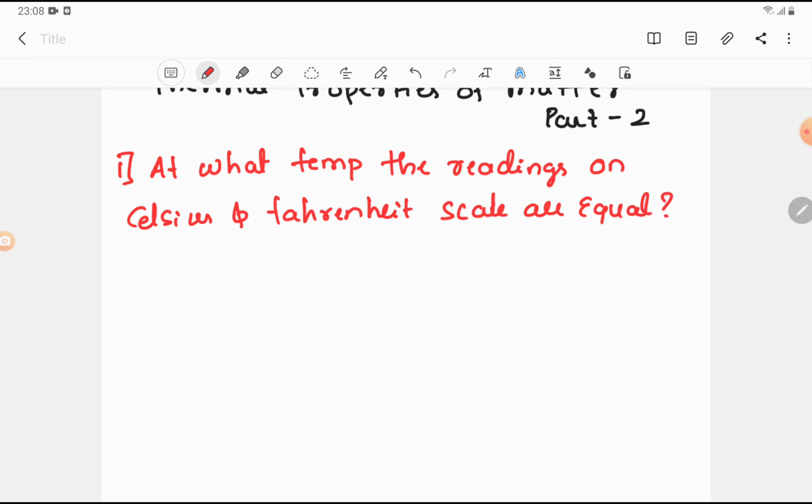Okay. The question is, at what temperature the reading on Celsius scale and Fahrenheit scale are equal.